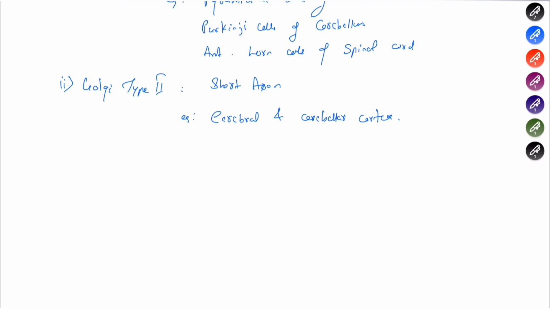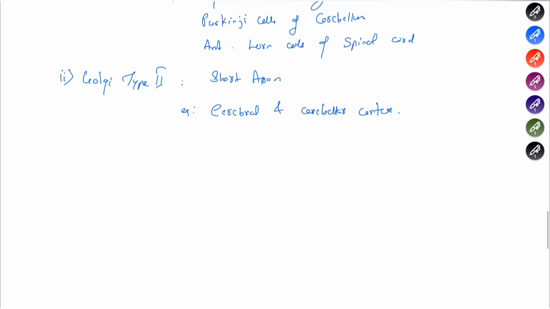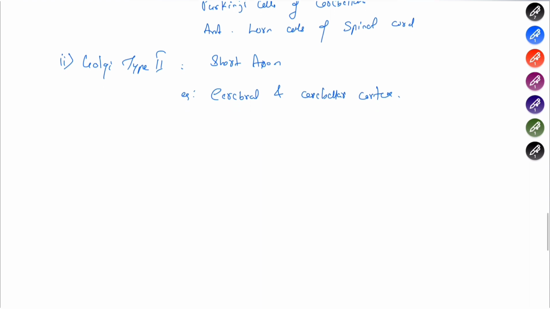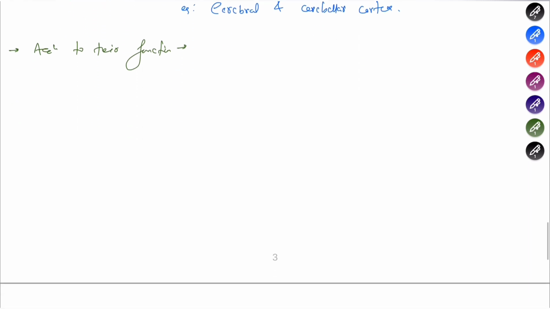Now the third classification is according to their function. Functional classification: it is divided into sensory, motor and autonomic neurons.